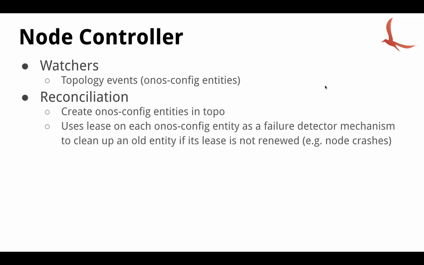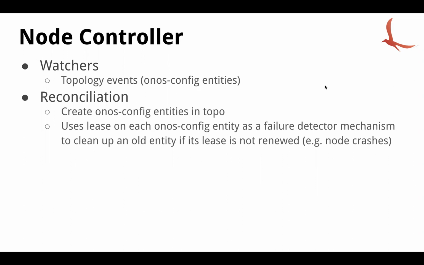For example, we need a controller to create ONOS config entities, which is technically the source of the control relationship between an ONOS config pod and the target. So we need a new controller to create ONOS config entities in Topo, listen to the ONOS config entity changes, and then react to those changes.